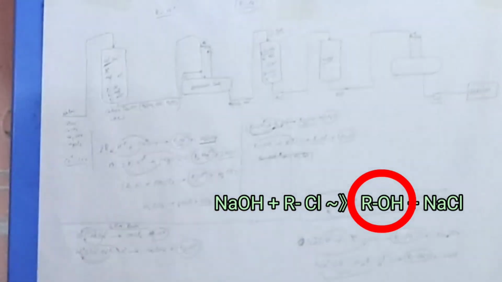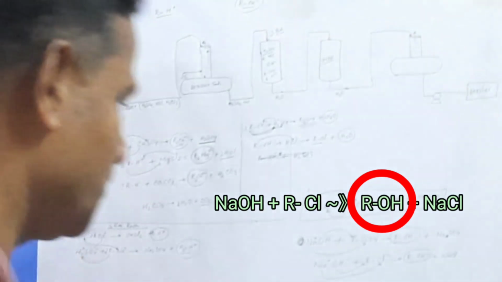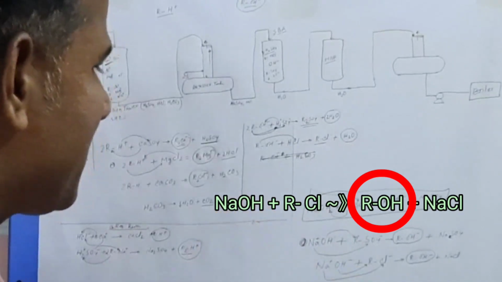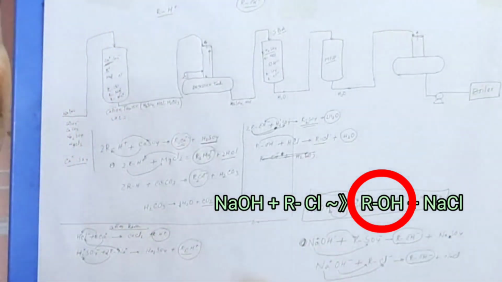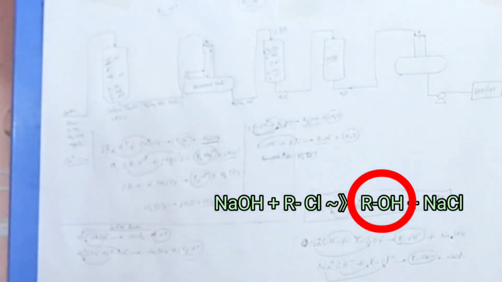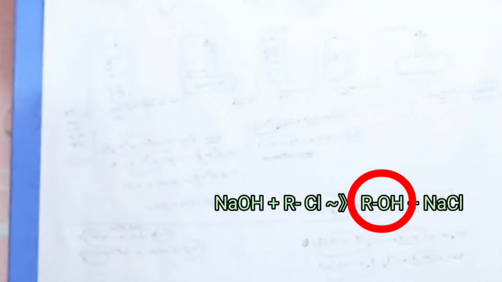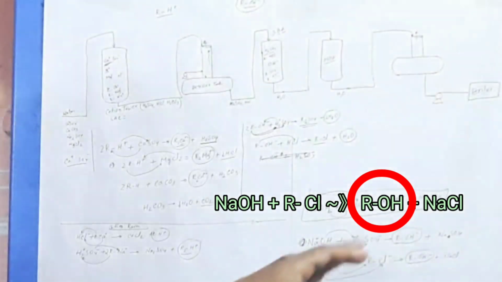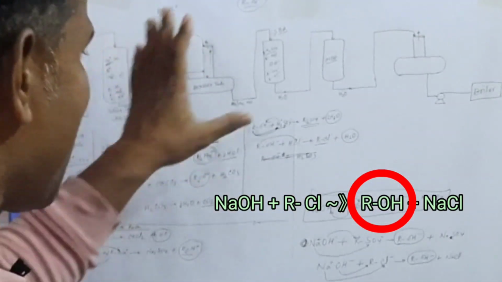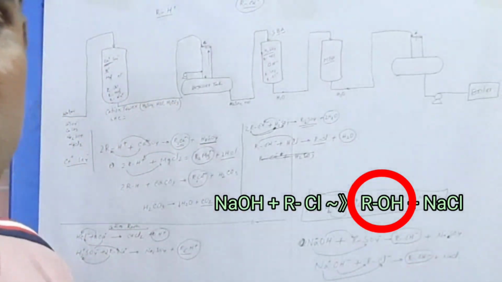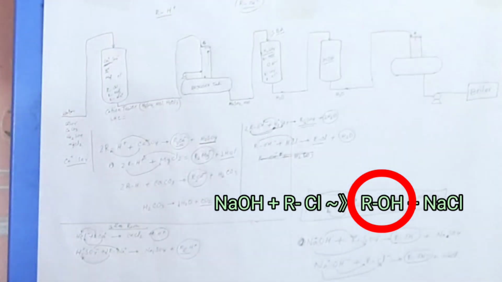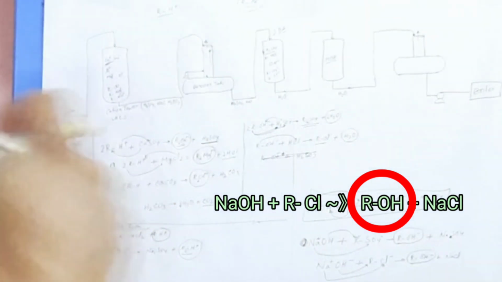Now this anion resin is ready for use again. By this way, the resin is activated and salt or hardness is created. This hardness is thrown out to the neutralization pit. By this way, the cation resin and anion resin are activated by regeneration. Regeneration means activation again.